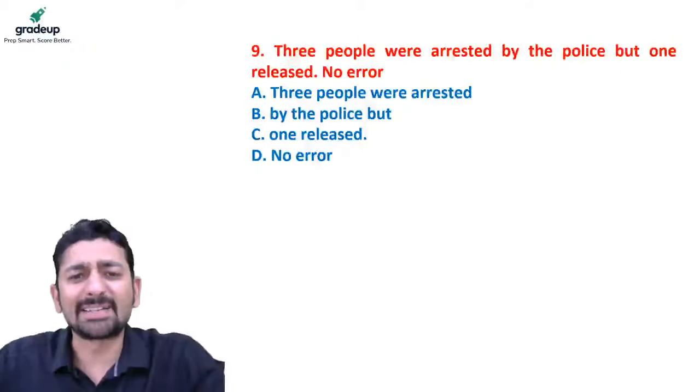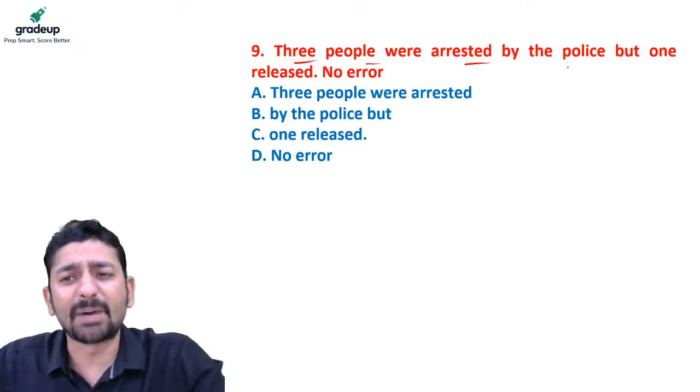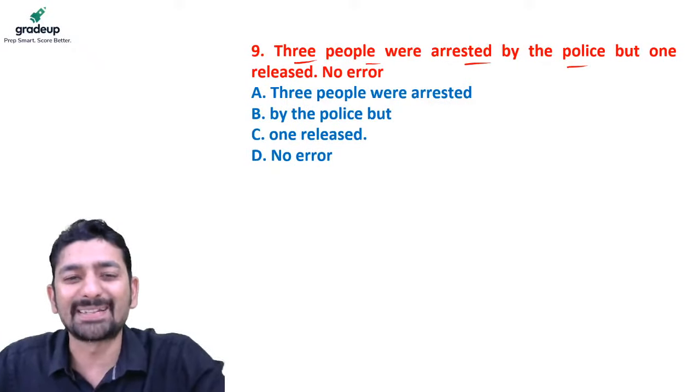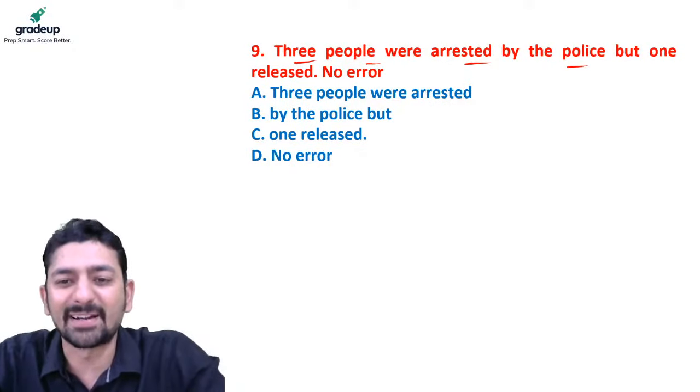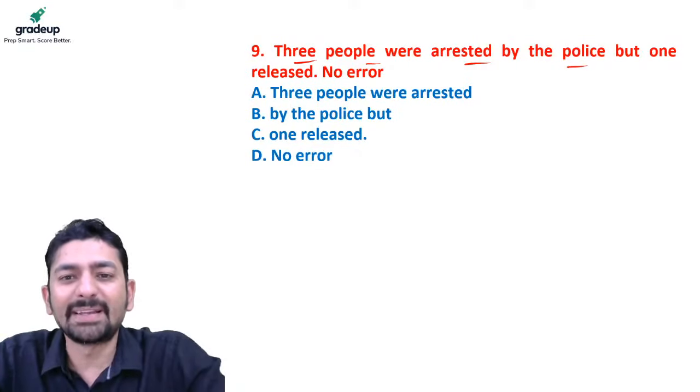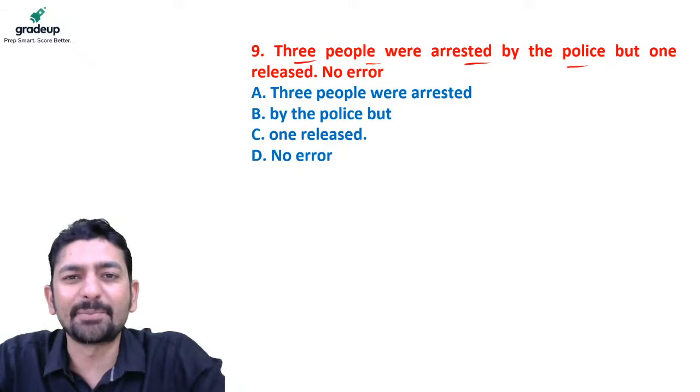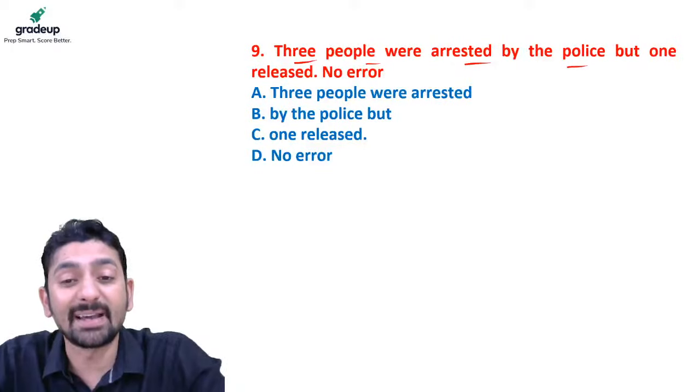Question number 9 says, three people were arrested by the police, but one released. Tell me which part of the sentence has an error on this one. Think carefully, read the sentence, understand the meaning, and then think whether it has a grammatical error or not.